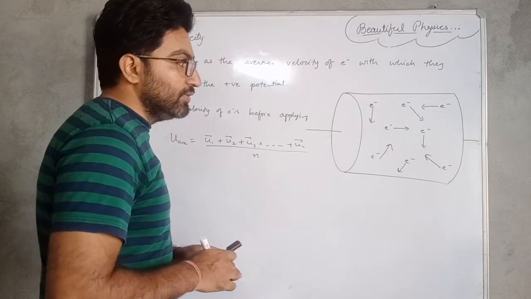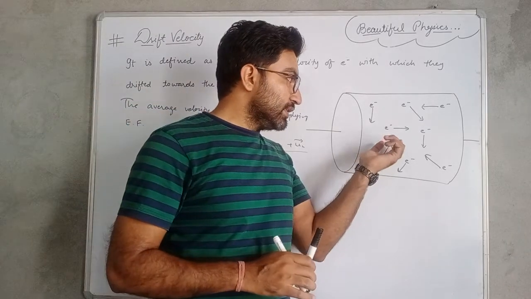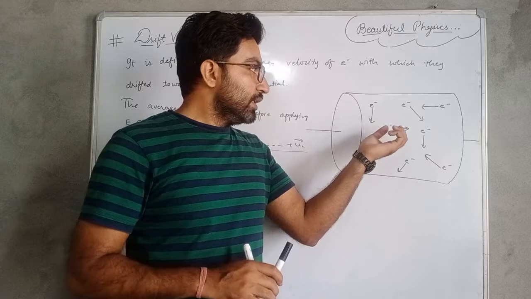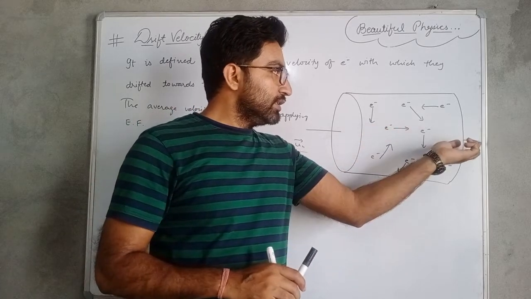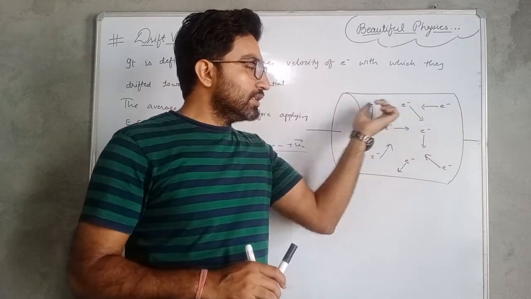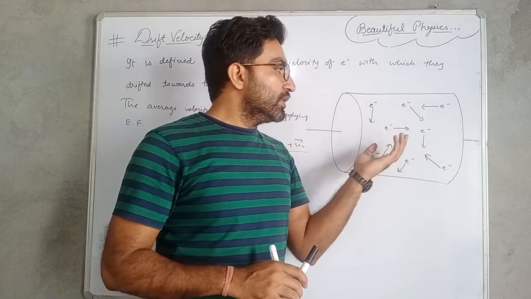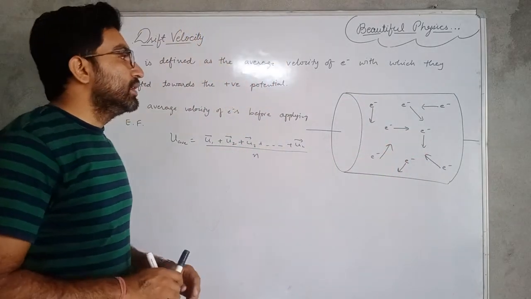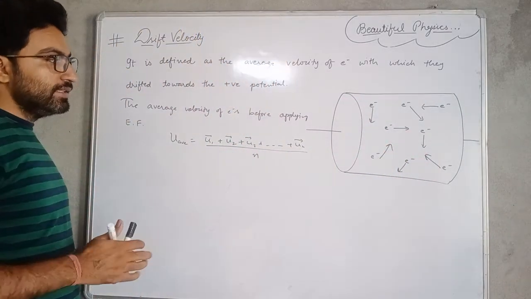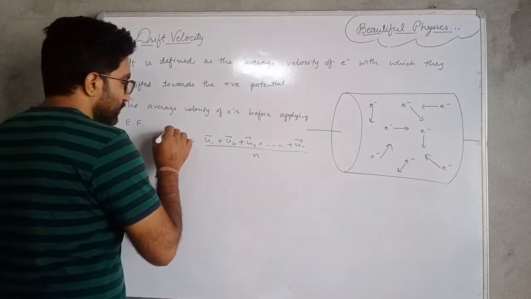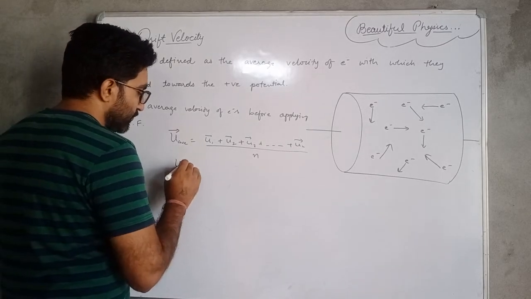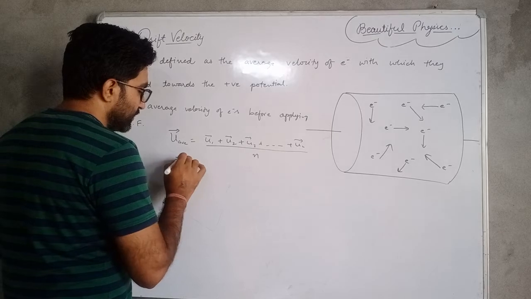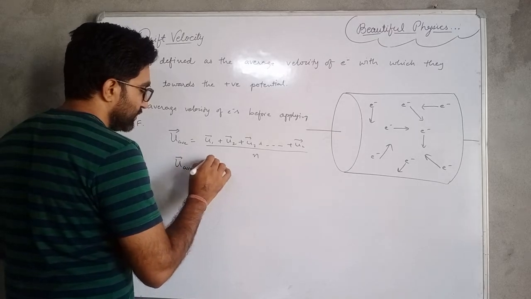And the average velocity of the electrons here is taken as 0, because when one electron is going towards this direction, then another one is going towards this direction. So all the velocity components of the electrons cancel each other. So the average velocity of the electrons before the application of electric field will be 0.